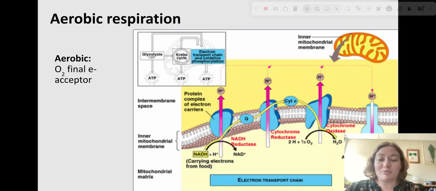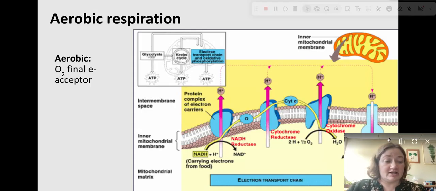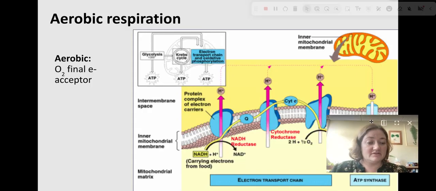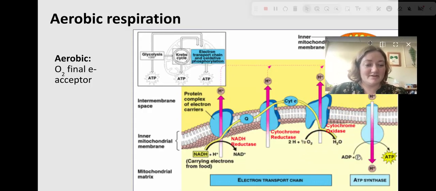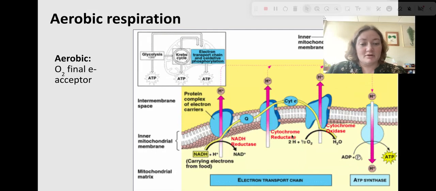Let's start with aerobic respiration. Like I said, aerobic respiration is what we've talked about so far, and that's where we use oxygen as our final electron acceptor. We can see that we have our energy-carrying molecules. It gives away its electrons.